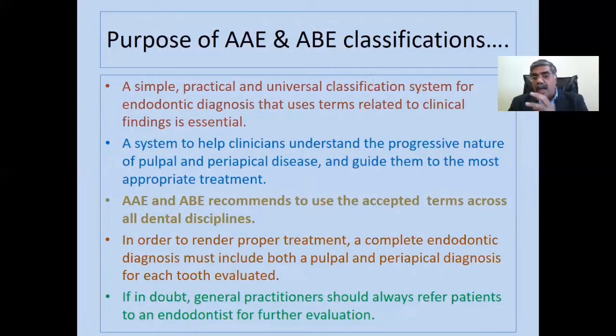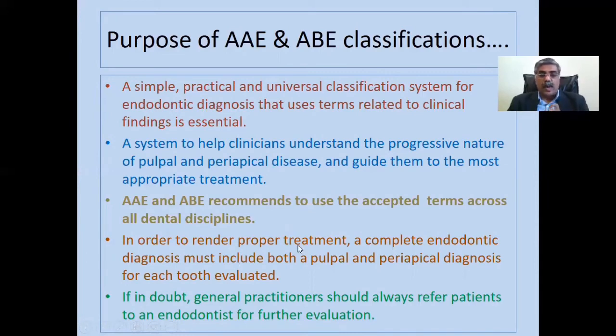When they reach the 4th or 5th year in endodontic clinic, the endodontist may differ with this term, saying that it's a pathological term. So the student will revert back to us seeking explanation. So we need uniformity among different specialties in dentistry. That is one of the reasons for this recent classification.